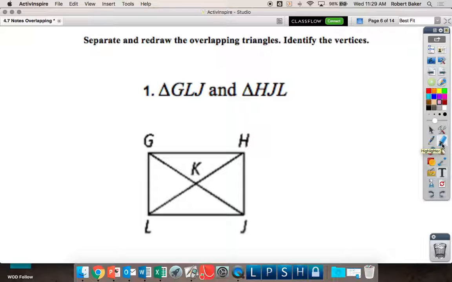The first thing you must realize, I've given you the two triangles to separate and redraw. So you would take this triangle GLJ, you would separate it, and you would redraw it. Copy and paste. You would also separate and redraw HJL.